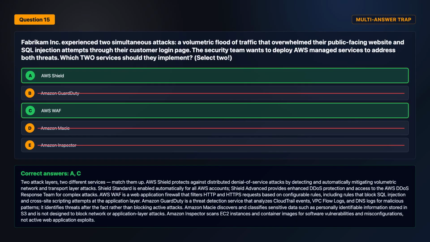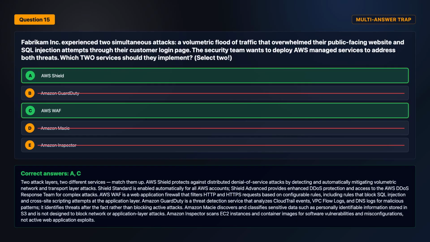Shield Advanced provides enhanced DDoS protection and access to the AWS DDoS response team for complex attacks. AWS WAF is a web application firewall that filters HTTP and HTTPS requests based on configurable rules, including rules that block SQL injection and cross-site scripting attempts at the application layer.